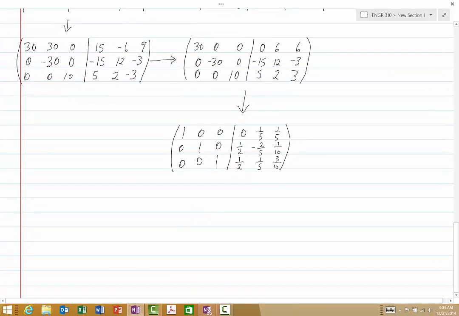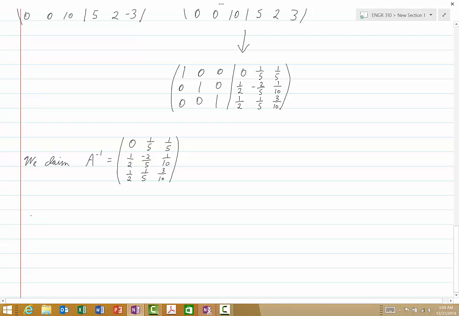So we claim that A inverse is equal to 0, 1/5, 1/5, 1/2, minus 2/5, 1/10, 1/2, 1/5, and 3/10. We claim that that is A inverse.